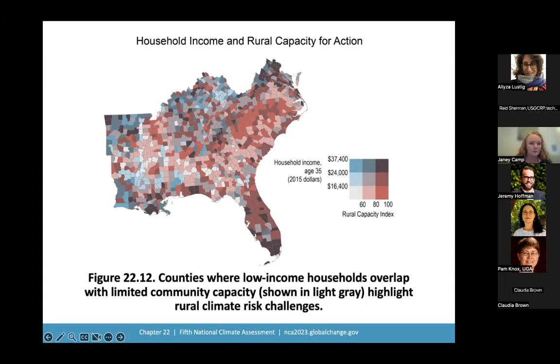Definitely there's specific areas that could be focused on for areas of great need and areas that may be better equipped to respond to climate change. The lack of resources can leave some of these communities in that lower gray quadrant of coloring at more risk to damage due to future climate change. Next slide, please.